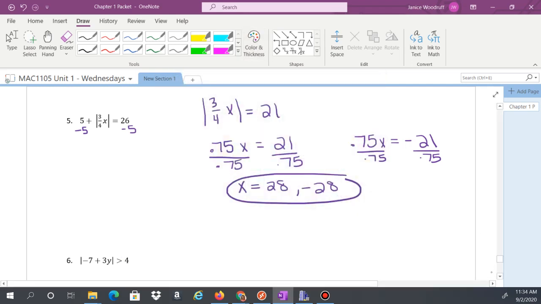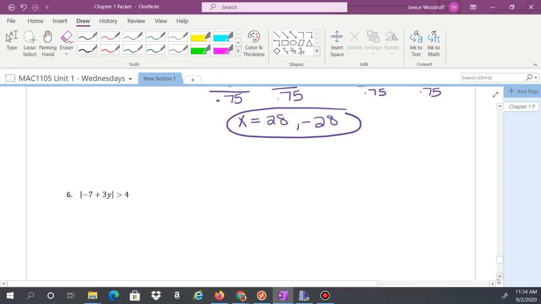Now number 6 is a little bit different because it's an absolute value and it's an inequality. So the procedure setup is slightly different, and you're also going to have to answer in interval notation. But you're still getting two solutions. So let's take a look at this one. When you set this up, isolate the absolute value first. We always want to do that first. Set up the original equation without the absolute value bars.